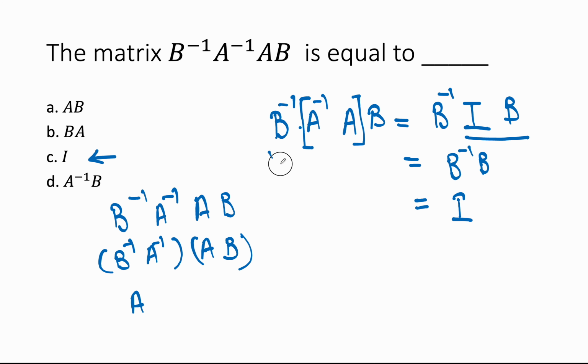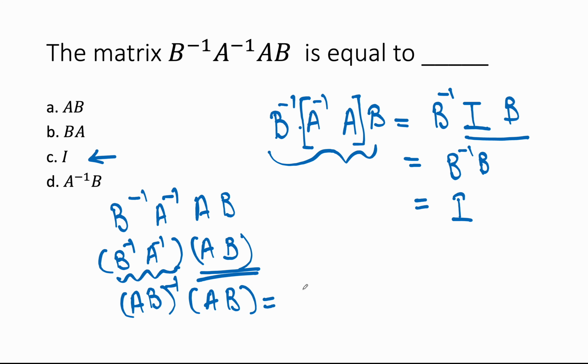If we use this definition, we can see that whatever is there here must be the inverse of AB, and we can write this as AB inverse AB, which is nothing but identity, because this is the matrix and this is its inverse. Okay, so the answer to this question is the identity matrix. Okay, we'll go to the next question.